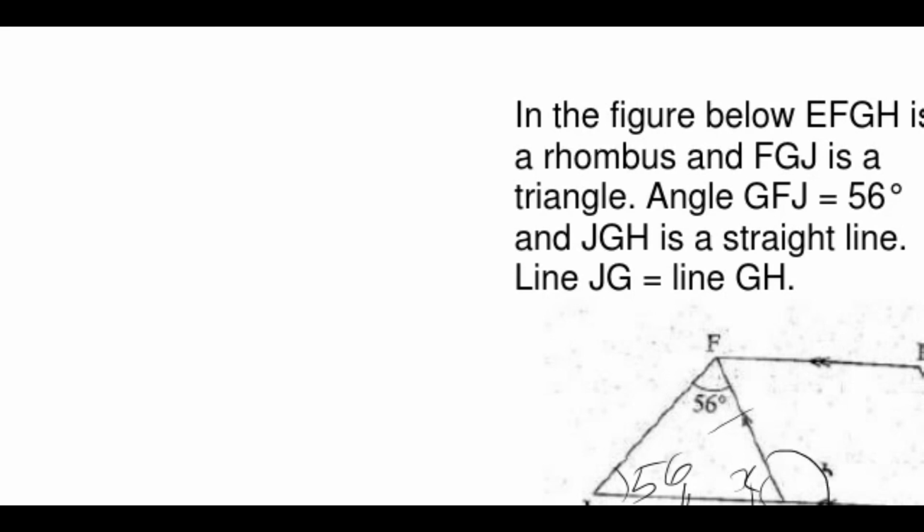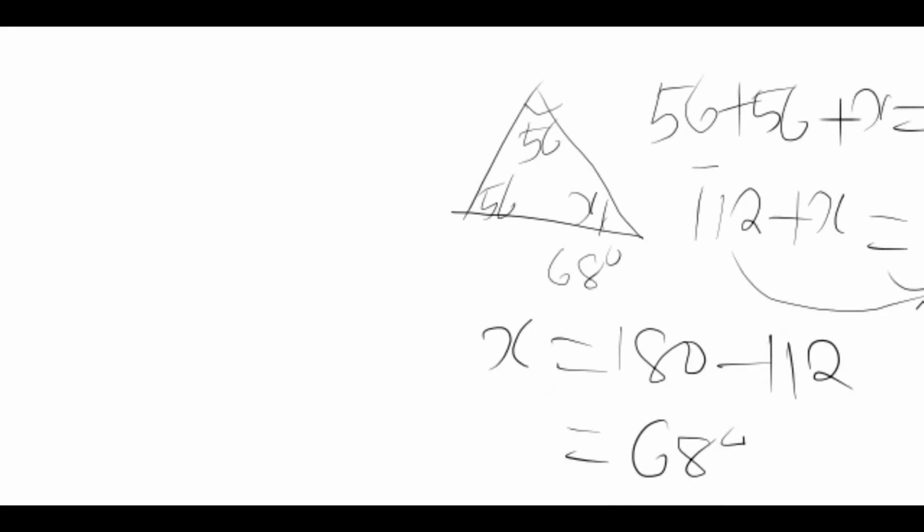The angle here will be given by angles in a straight line add up to 180 degrees. Now that we know this is 68, we have 68 plus, say angle A, should give us 180. So we take 68 across the equal sign, then A will be given by 180 minus 68, which is equal to 112 degrees.